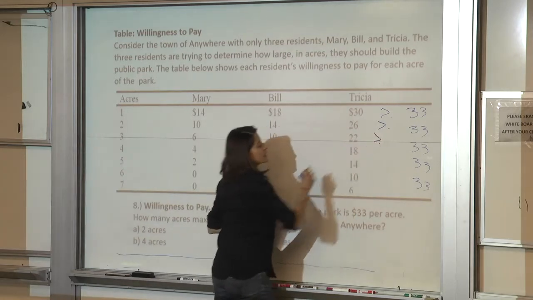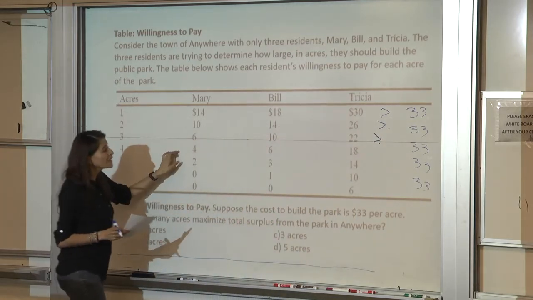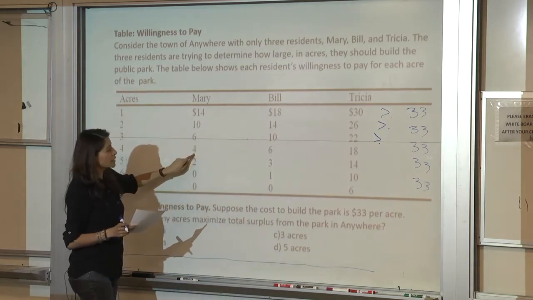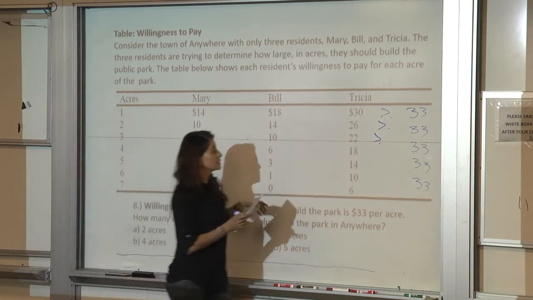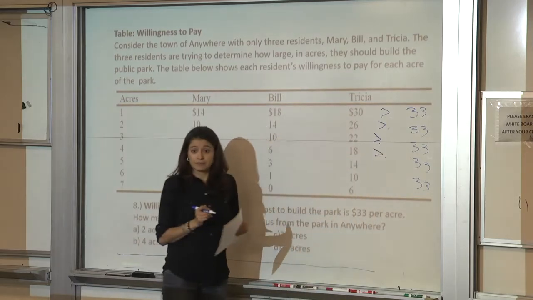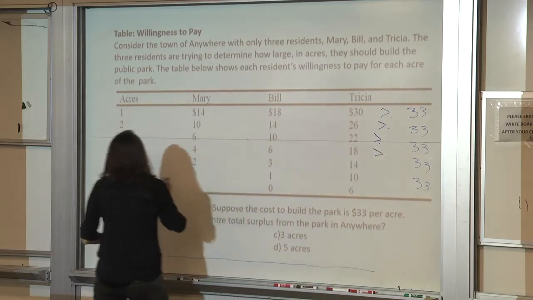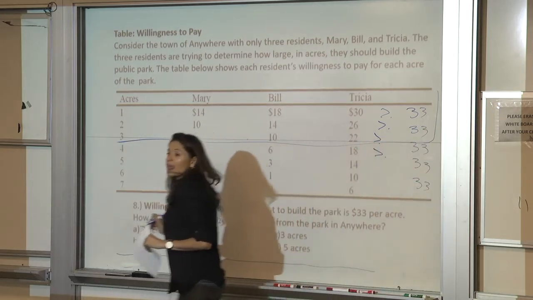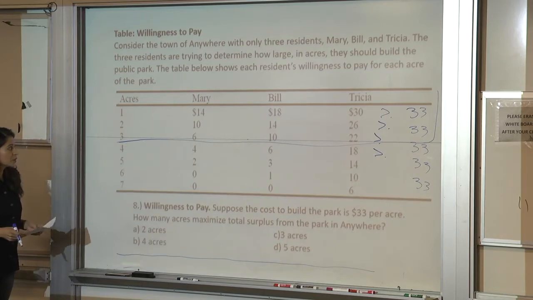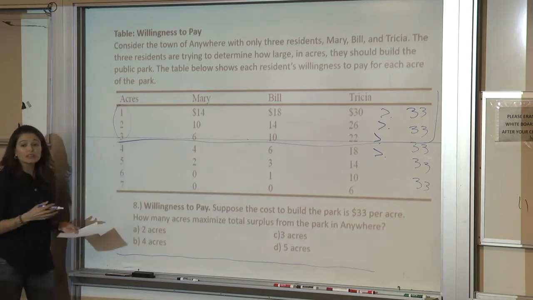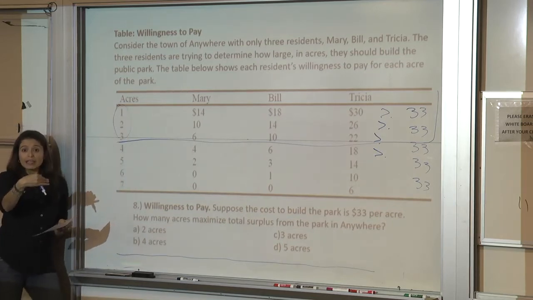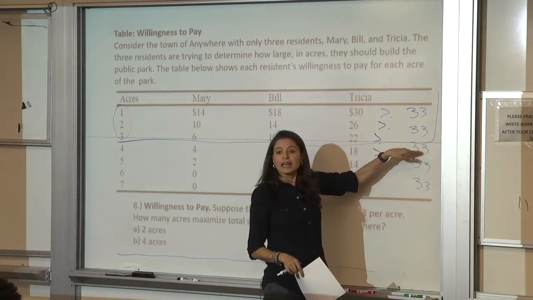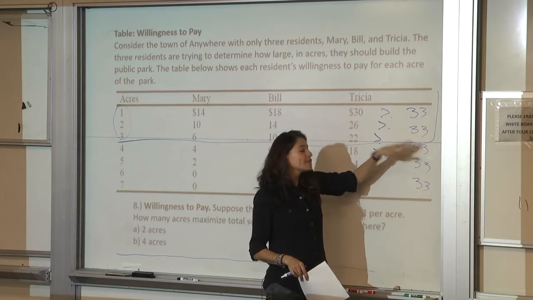This is higher than 33. But then 18 plus 4 is 22, plus 6 is 28. This is not higher than 33, okay? So my demand is 3 acres, okay? Because that is the amount that they are willing to pay that is higher than the cost.